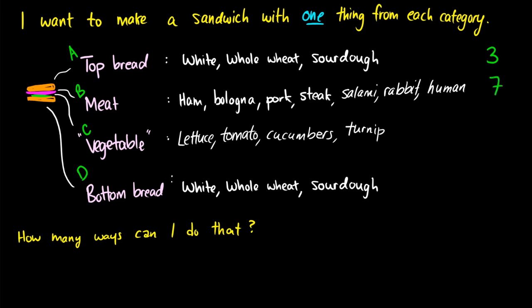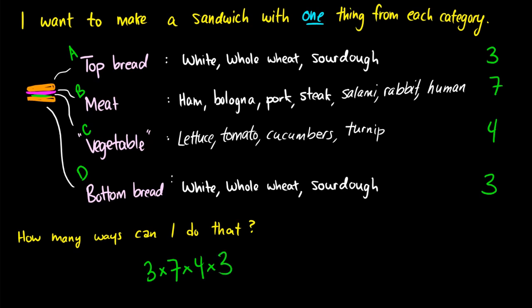So ham, bologna, pork, steak, salami, rabbit, and human. For vegetables, we have 4 choices. And for the bottom bread, once again, we have 3 choices. Now, when we're doing subsequent tasks, we need to multiply. So there's 3 ways to do task A, 7 ways to do task B, 4 ways to do task C, and 3 ways to do task D.